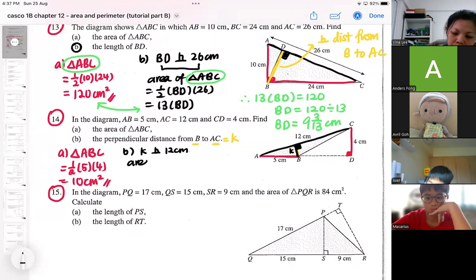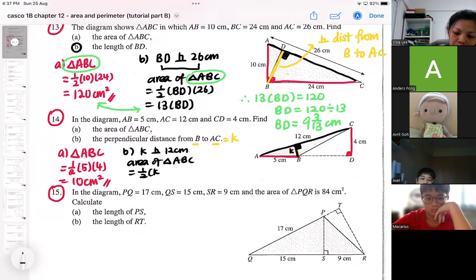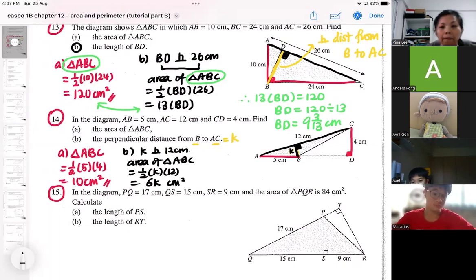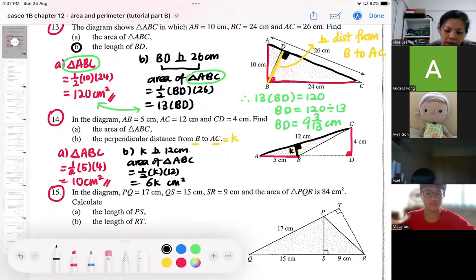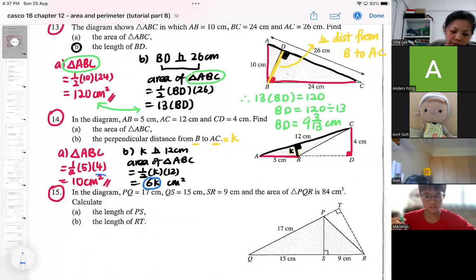I can use it to find the area of triangle ABC, and their area will be the same.